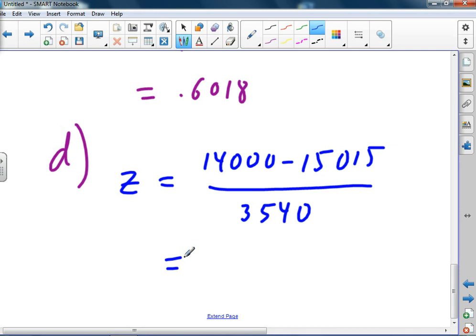Minus 0.287. Minus 0.287. Okay, we look in the back of the book.